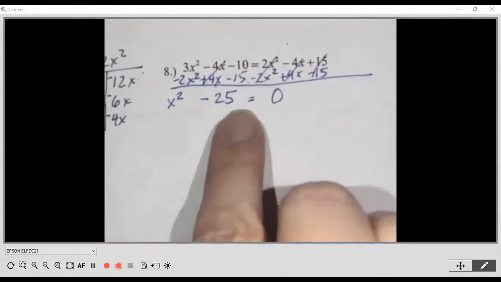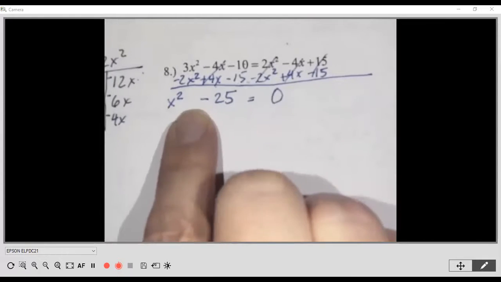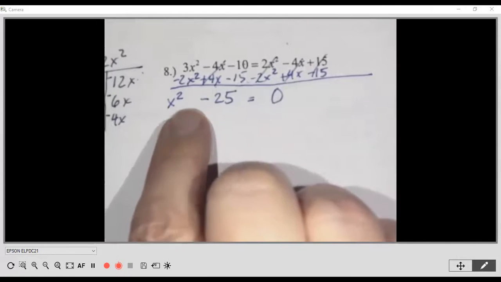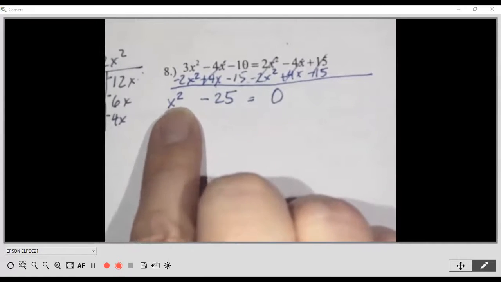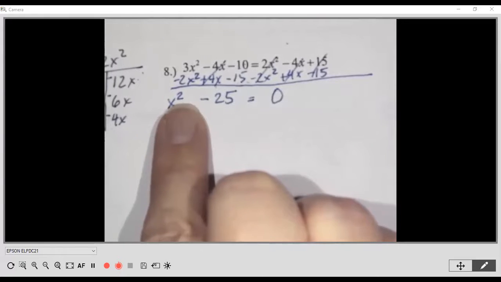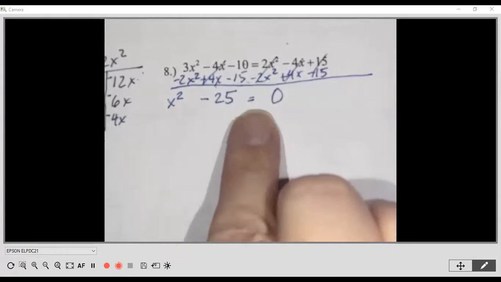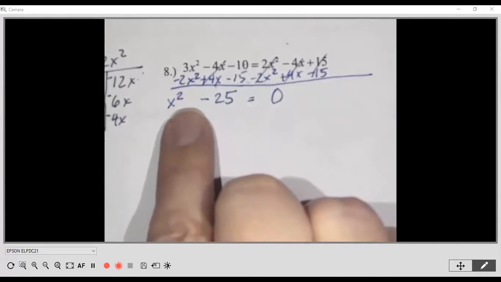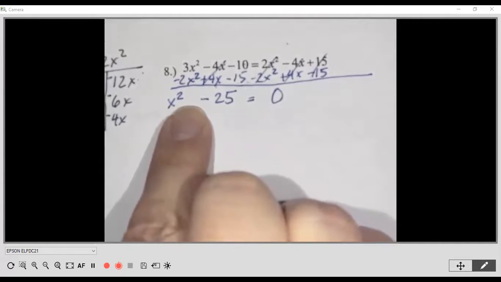So when I do a times c, remember what's my middle term? 0x. So if you wanted to write a plus 0x here in the middle, x squared plus 0x minus 25 equals 0, you could. Okay, so there's a plus 0x here in the middle. The b term is 0.